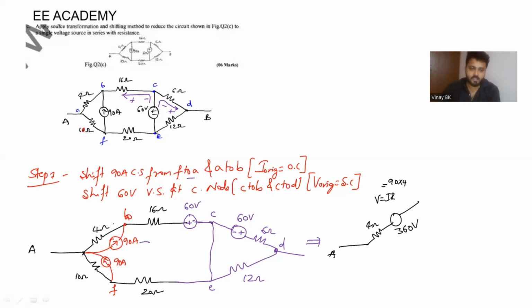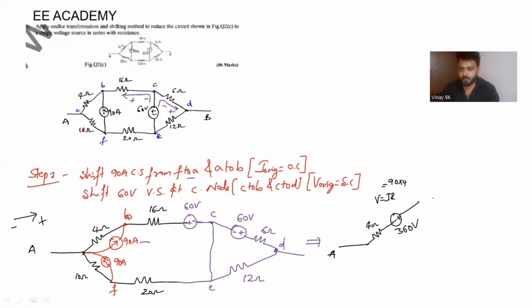And polarity you can see upward. If you have an arrow mark, tail end indicates minus, arrow end indicates plus. So you can see the polarity, minus and plus, upward direction. That is nothing but A to B. At A it is minus, at B it is plus.